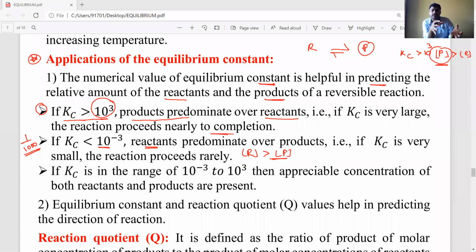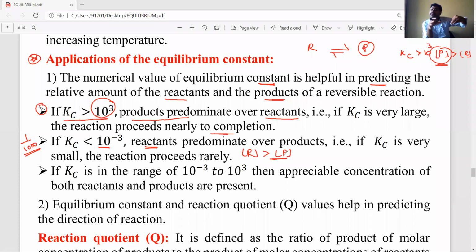That's what the first important application is, dear students. Based on the numerical value of the equilibrium constant, we can predict the relative amounts of reactants and products. If the Kc value is very high, above 10 to the power of 3, then product is more.